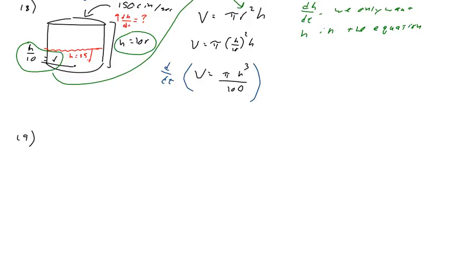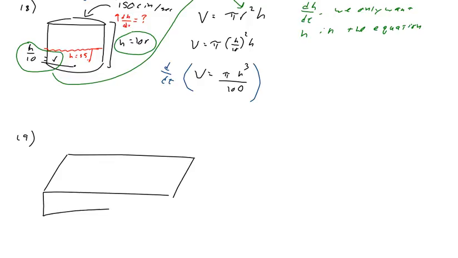19. Burning through these, everyone. 19, we have this swimming pool. It gives us some information. This is 3. This is 1.